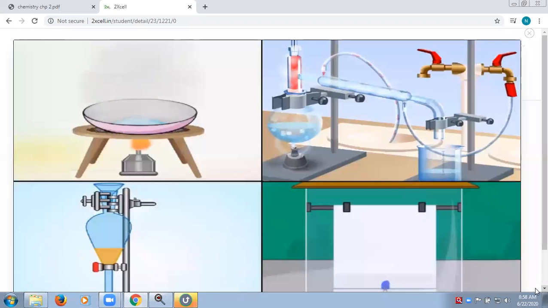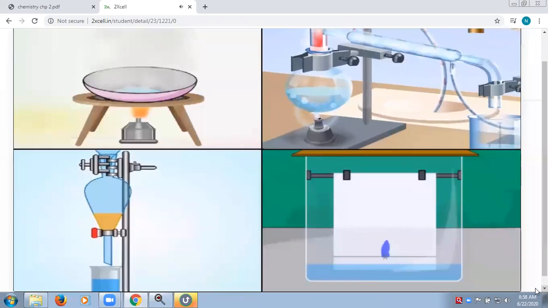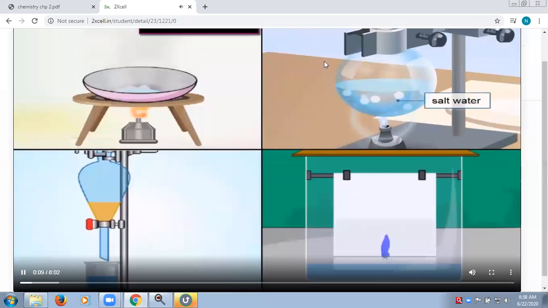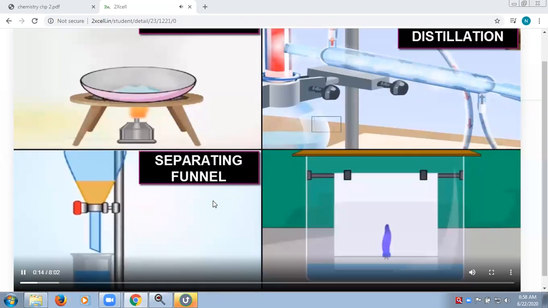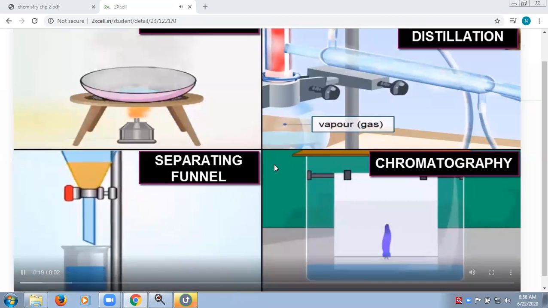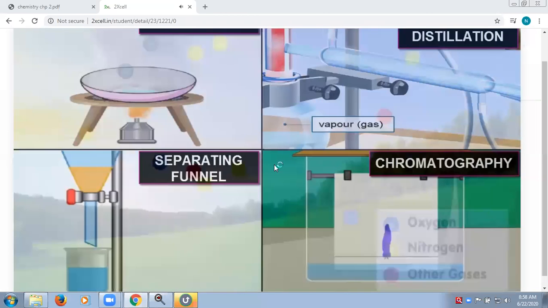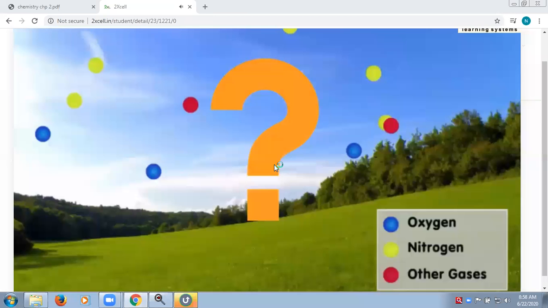In the previous module, we have discussed different methods of separation, such as evaporation, simple distillation, separating funnel method, chromatography, etc., for separating the components of a mixture. Using these methods, can you guess how air is separated into its different components?